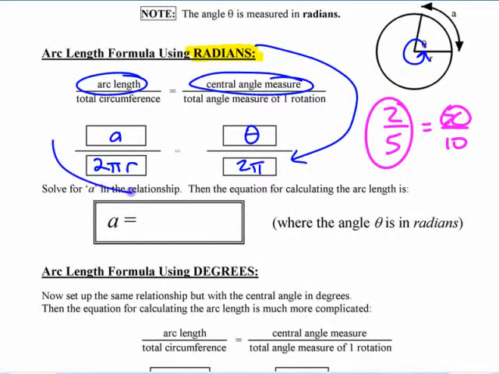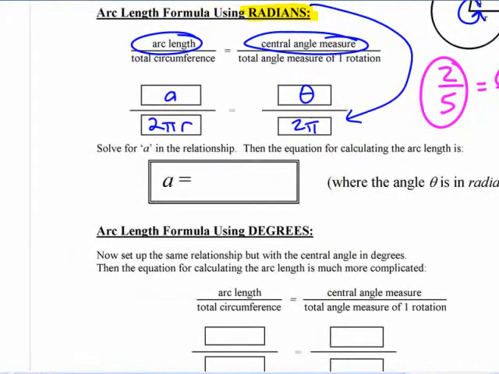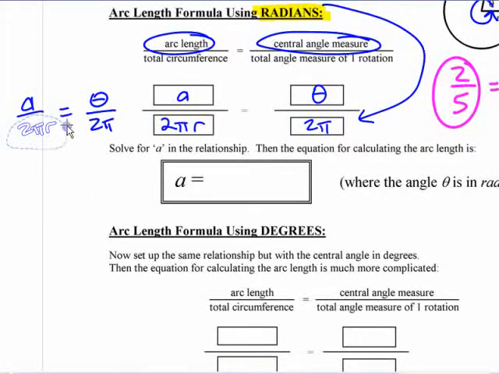If you want to take this formula, you can simplify it. You can manipulate some things. If we wanted A to be all by itself, just like any other formula, you can solve for things. If I take A over 2 pi r and I have that equal to theta over 2 pi, you could multiply both sides by 2 pi r, or some of you think of it as, well, this would just move up on the top on the other side, right?